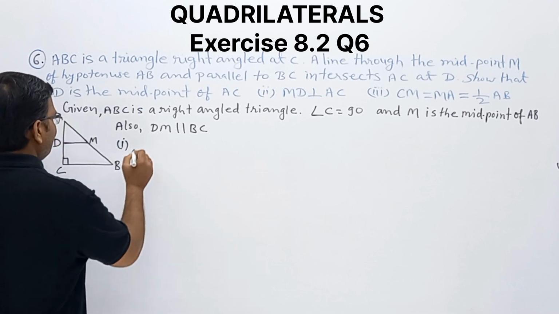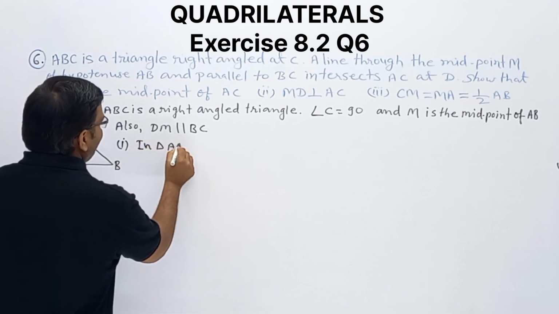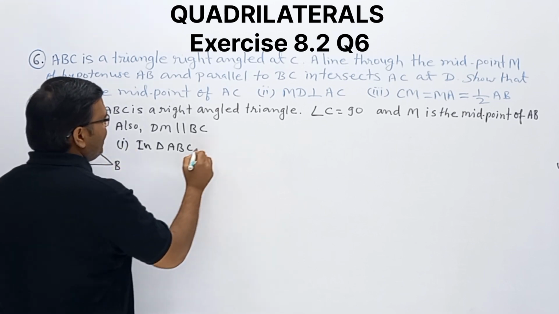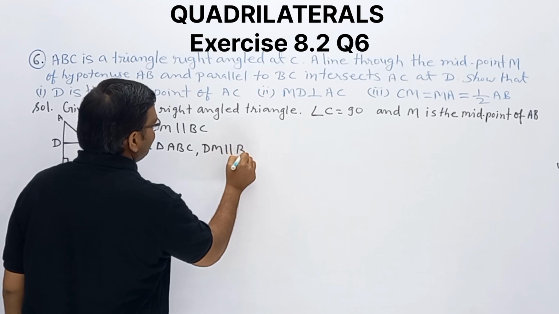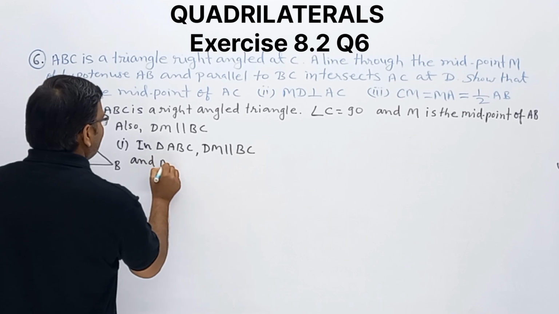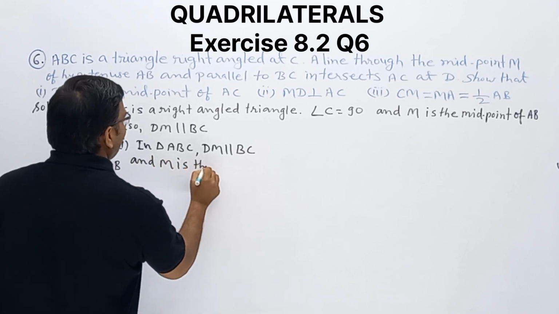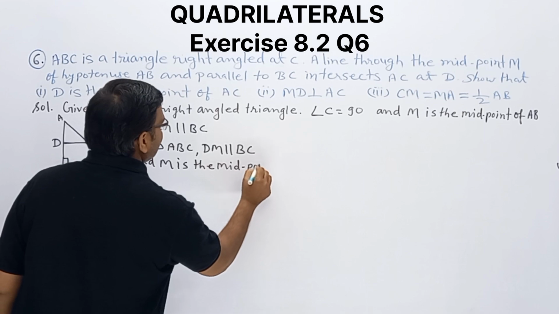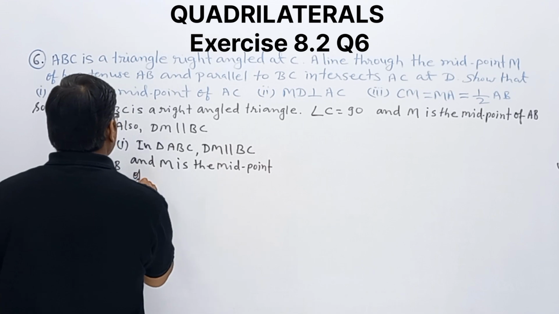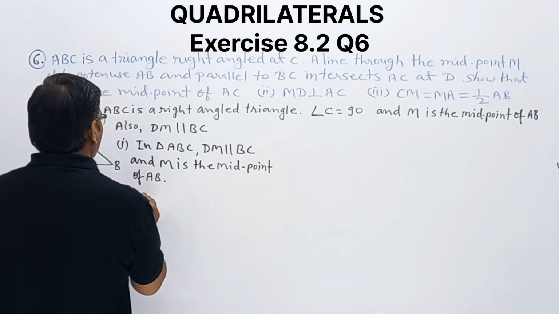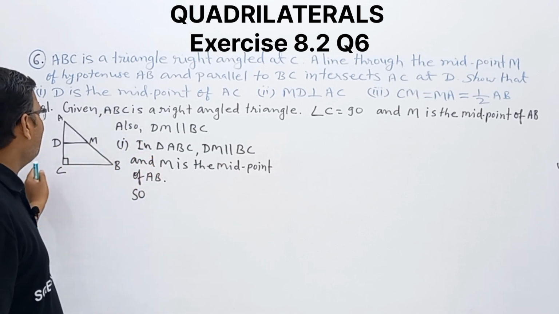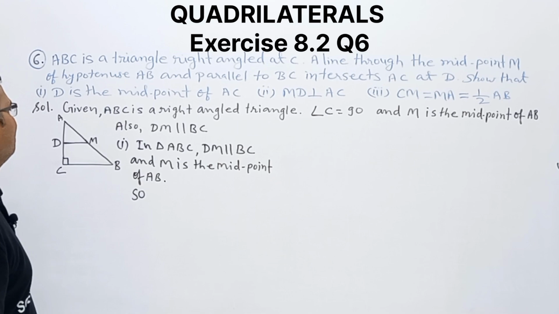In triangle ABC, DM is parallel to BC, no doubt at all. This thing we are having in the question. And M is the midpoint of AB. So from these things we are having in the question, DM is parallel to BC and M is the midpoint of AB.